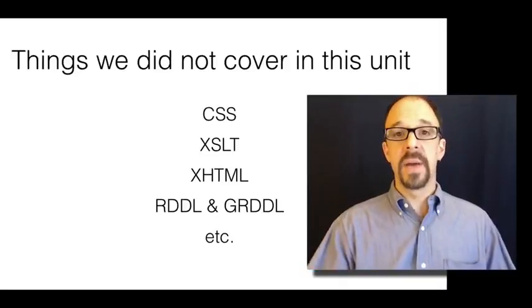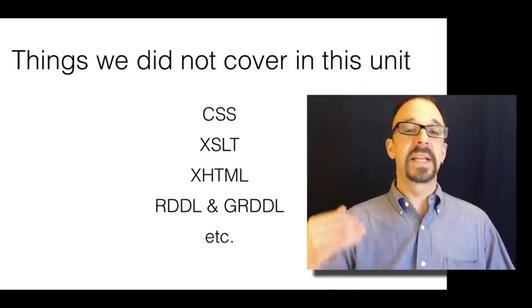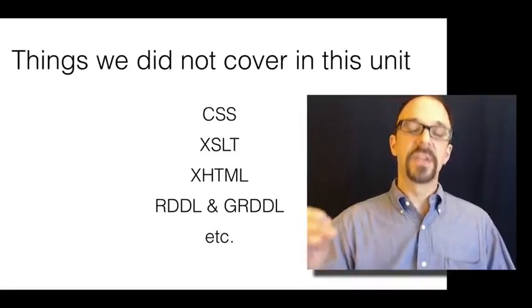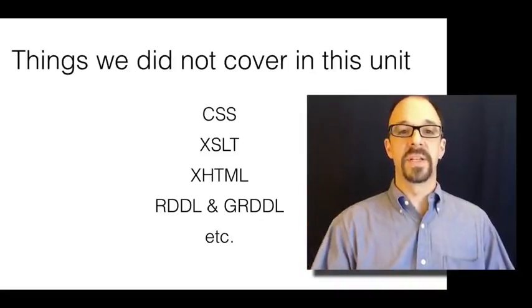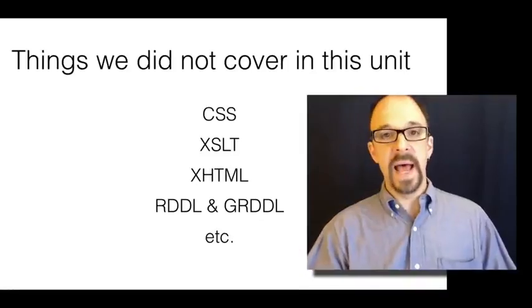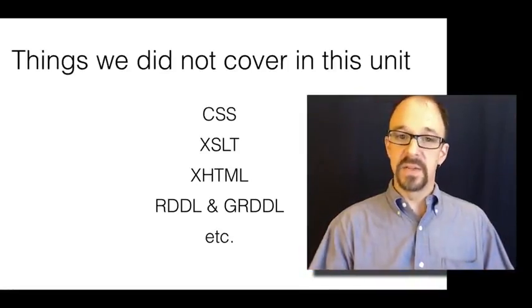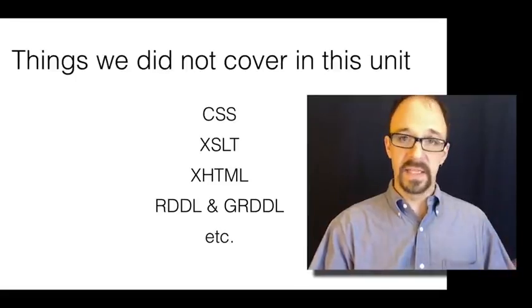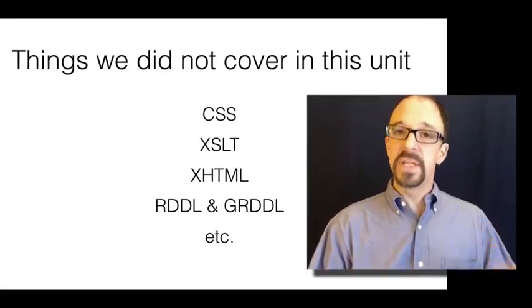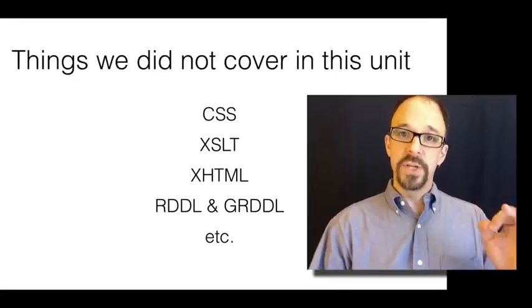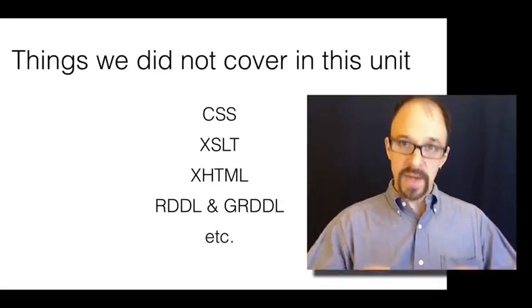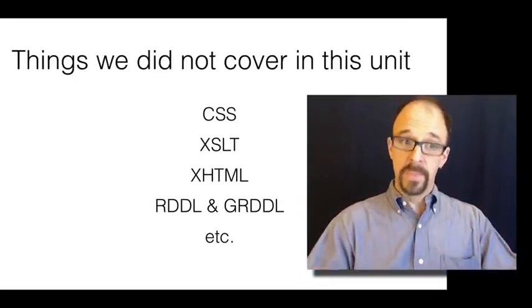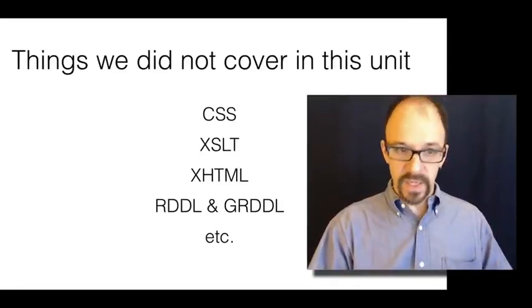We didn't talk about XSLT, the extensible style sheet language transformations, which is another way to add formatting and display data to an XML document, slightly more sophisticated than CSS. I mentioned XHTML, which is HTML rendered in XML, but we didn't really get into it.